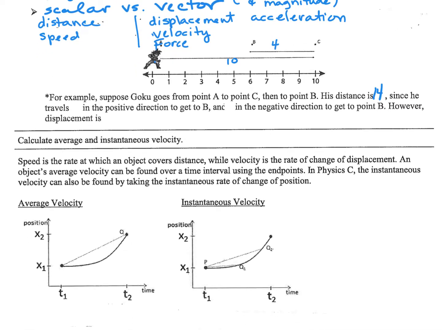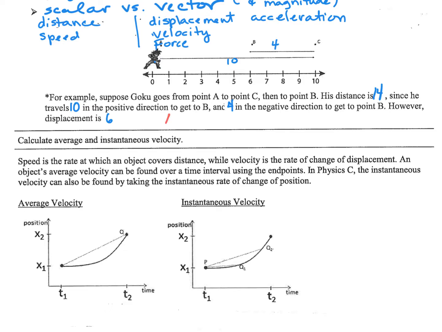Since he traveled 10 in the positive direction, but then he traveled 4 in the negative direction, that makes his displacement different. His displacement is 6. The difference between distance and displacement is only from the beginning point to the end point.